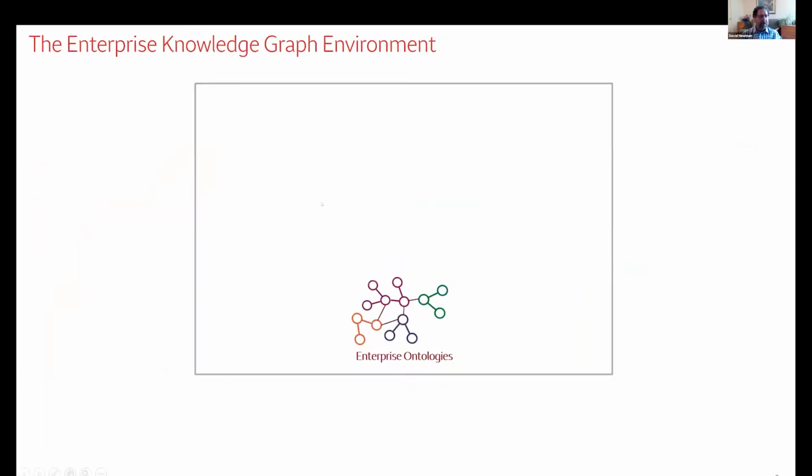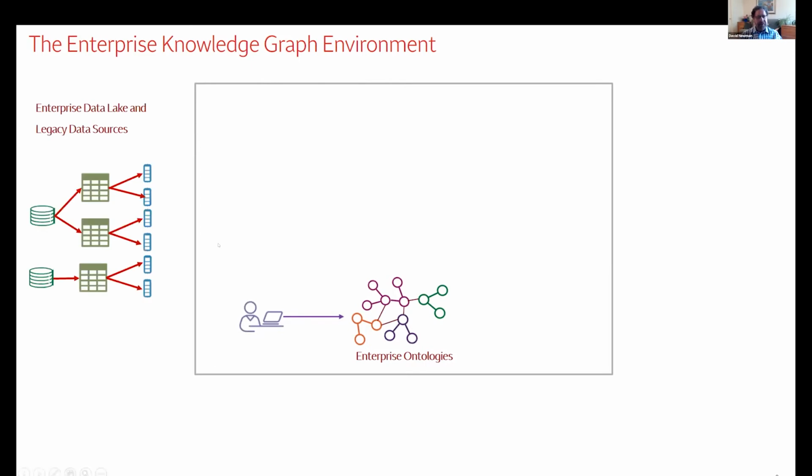So, a quick overview of a knowledge graph architecture or environment starts with our enterprise ontologies, which we take from a conceptual view to an operational view that can be queried for understanding.